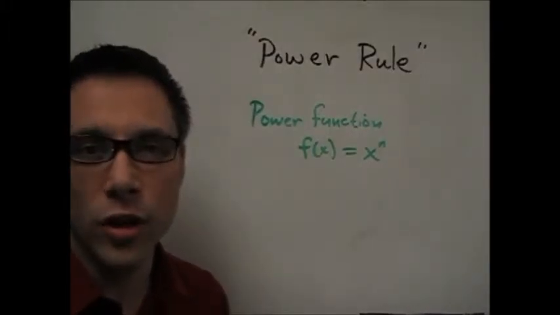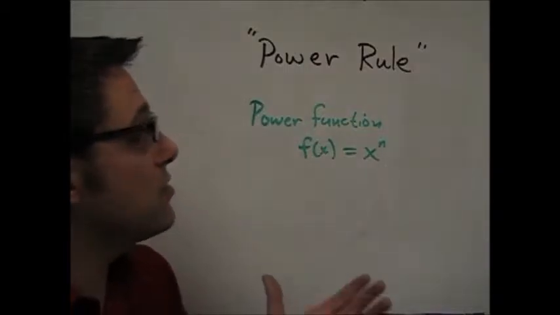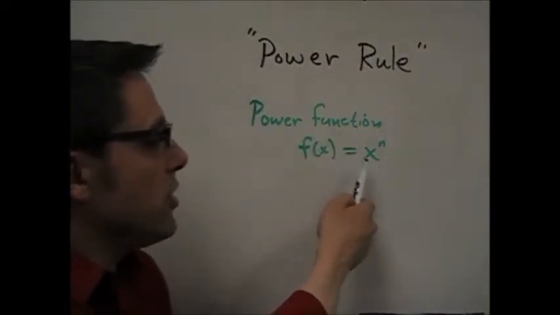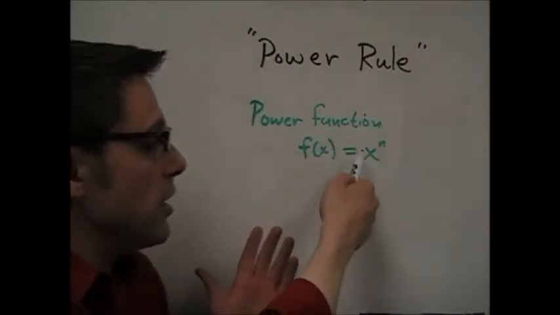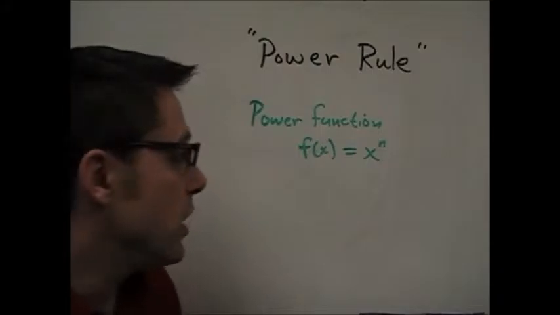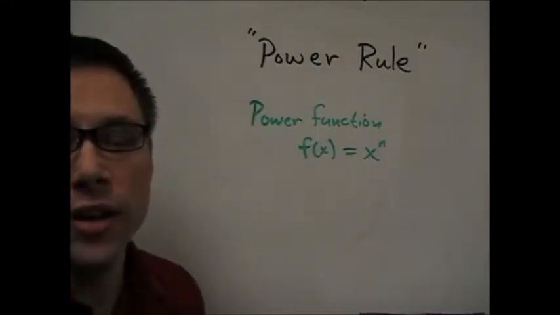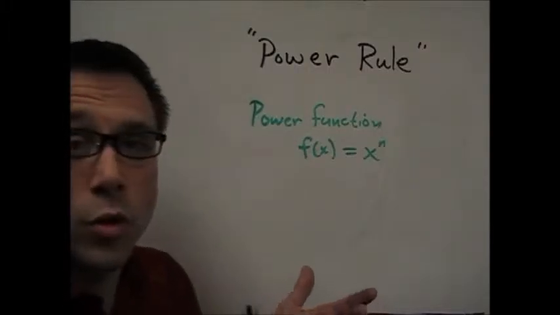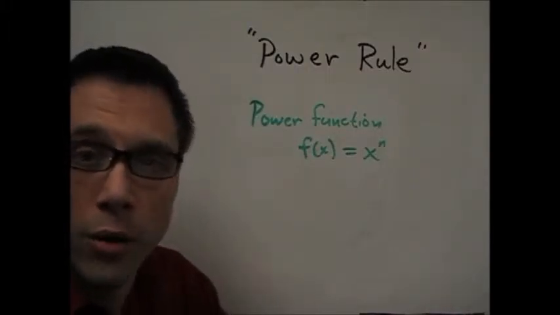The second shortcut rule we'll look at in this video is the power rule. So recall that a power function is a function that looks, well, like this. It's x to a power, where n is some real number. Okay, we're assuming that the coefficient out front is 1. So if we've got a power function, we have a shortcut rule called the power rule for power functions.